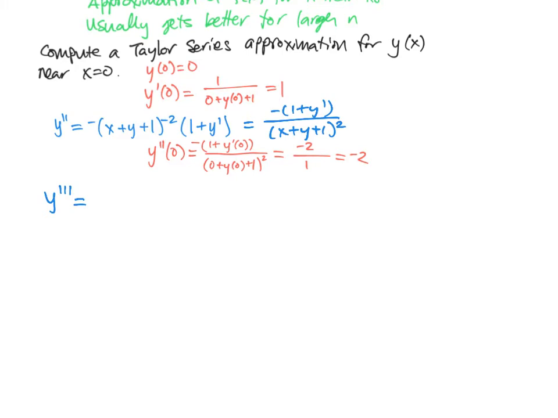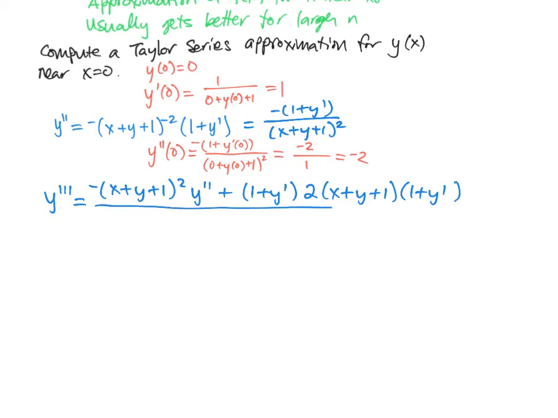So let's see, low d high: x plus y plus 1 squared times negative y double prime, minus, plus high, 1 plus y prime d low. So we've got 2 times x plus y plus 1 times 1 plus y prime. This is long. Over low squared, so we've got x plus y plus 1 to the 4th.